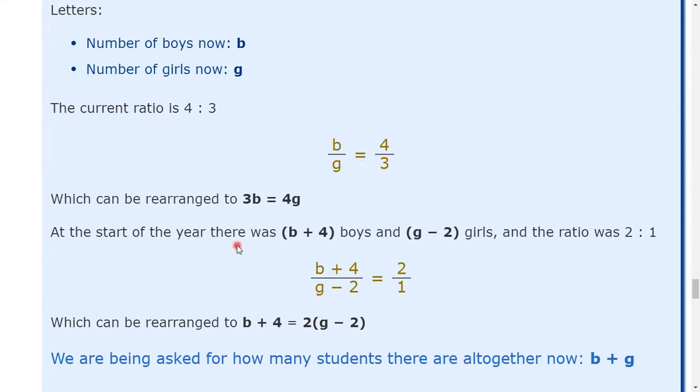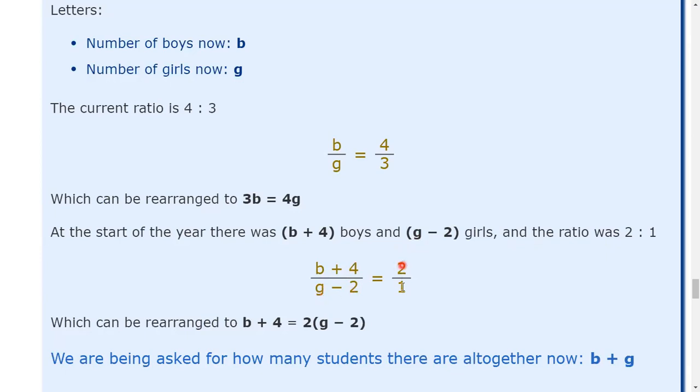At the start of the year, there was B plus 4 boys, because 4 boys have gone, and 2 girls were added, so we subtract: G minus 2 girls, and the ratio was 2 to 1. This is the ratio at the start of the year, because the 4 boys were there at the start and 2 fewer girls were there.